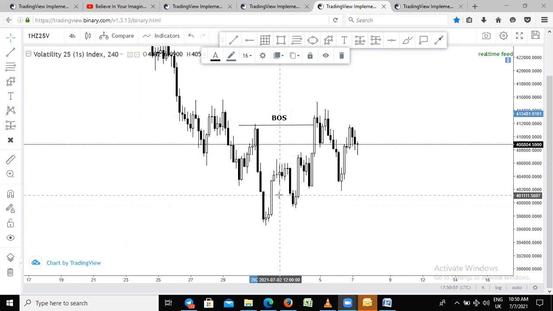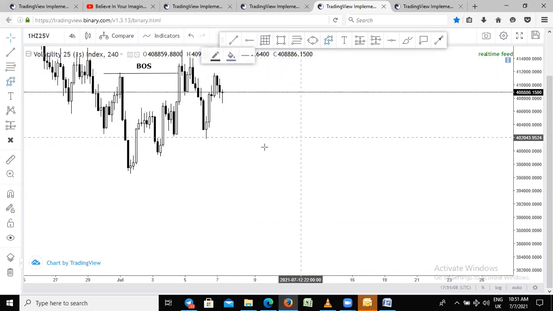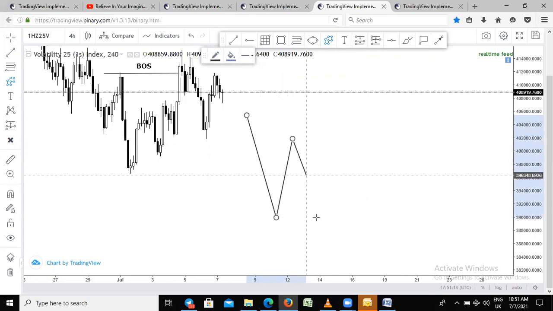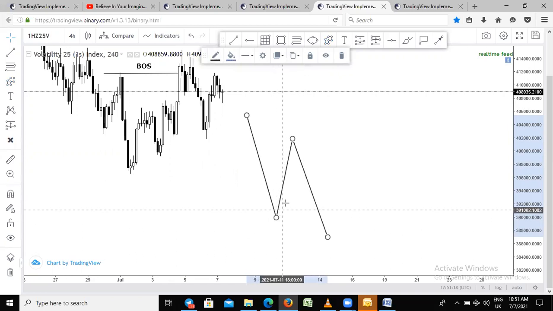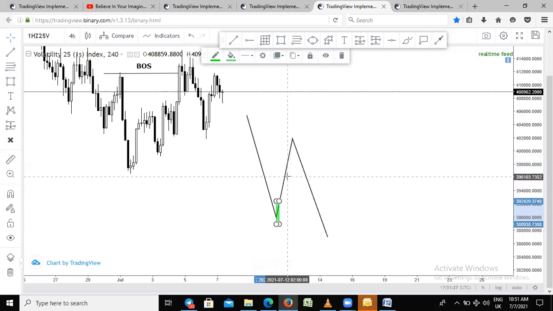So let me repeat again. Two bullish candle rules for lower high: 2 bullish candle close above the last bearish candle before the retracement. What it means is that, from here, if this is the last bullish candle, you want to see 2 bullish candle close.